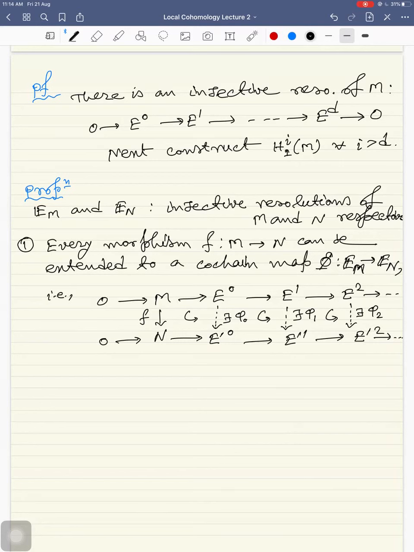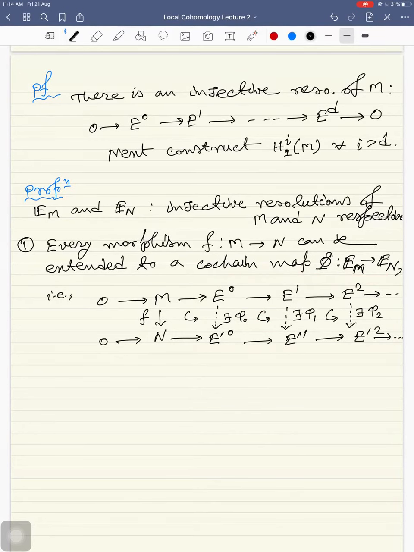What I mean by that is, if you come this way, it is the same as if you come this way, and this is true for each square of the diagram. Such a collection phi 0, phi 1, phi 2, such that this diagram is commutative, we call a cohomology map.